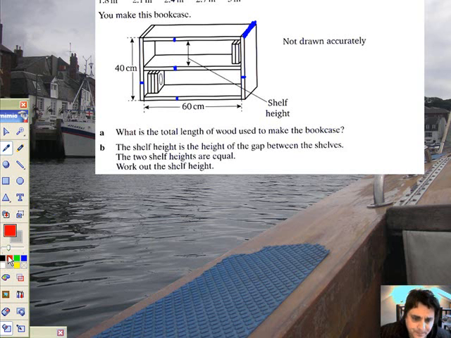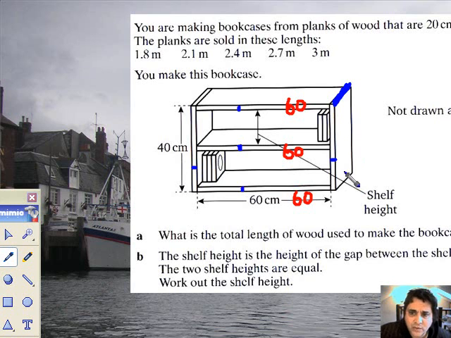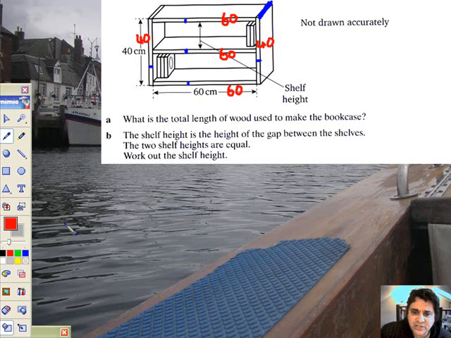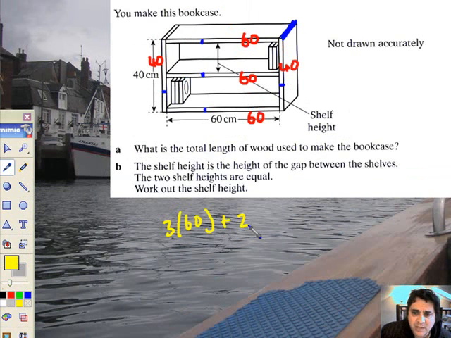Total length. Well, I've got a 60 there. I've got a 60 length here. I've got a 60 length here. I've got the sides are 40 each, and I've got 40 over there. So what have I got? I've essentially got, let's go to yellow now. I've got 3 lots of 60 centimeters plus 2 lots of 40.